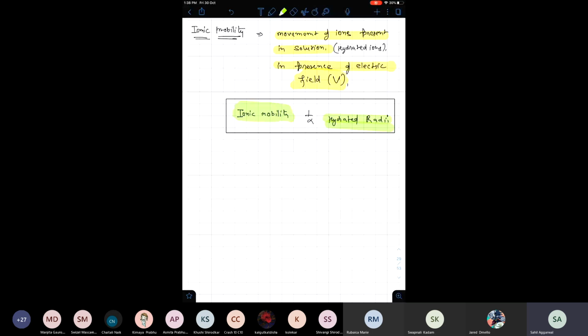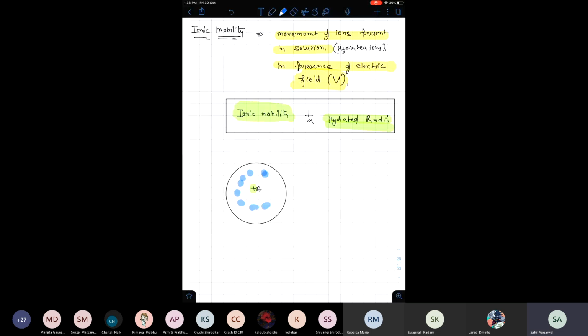He holds the ion together, whereas ion. So that means hydration energy holds the ion together. No, hydration energy is the energy released when ions get surrounded by water molecule. Now that ion which has been surrounded by water molecule, you want it to move.